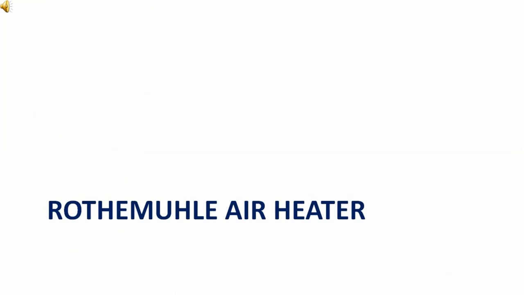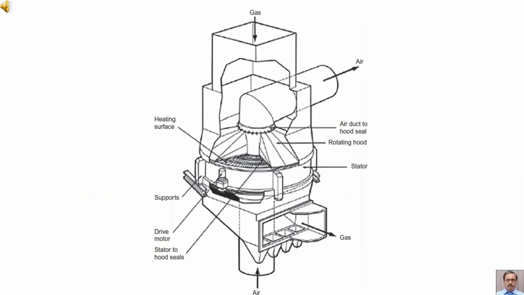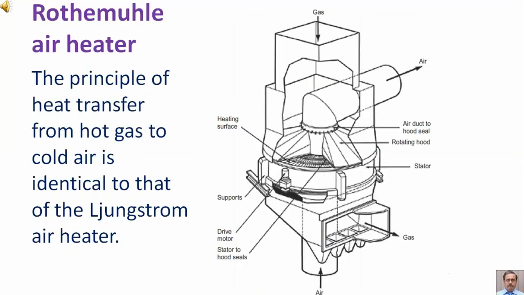Rothemuhle air heater. This is the diagram for Rothemuhle air heater. The principle of heat transfer from hot gas to cold air is identical to that of the Ljungstrom air heater.